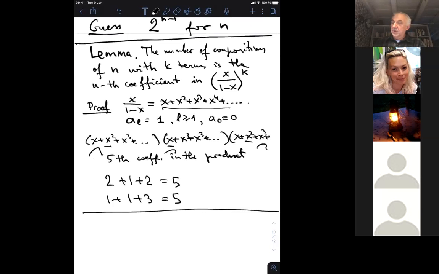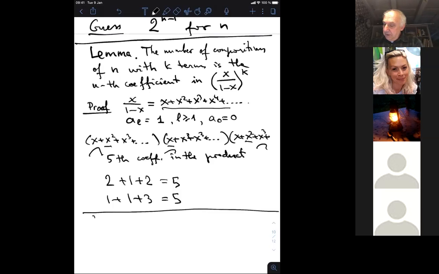Okay, with this lemma at hand, what can we do if we want to calculate the total number of compositions of n in any number of terms?